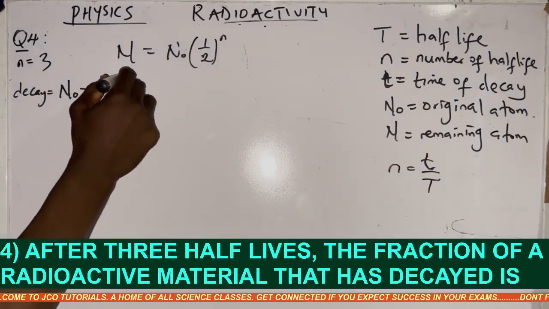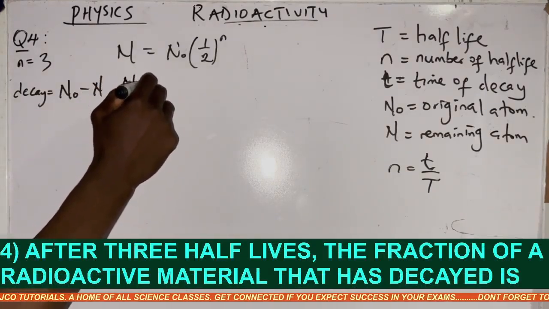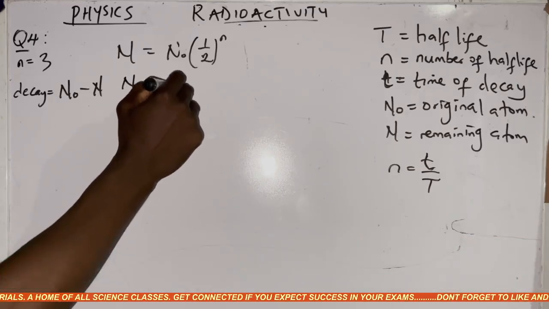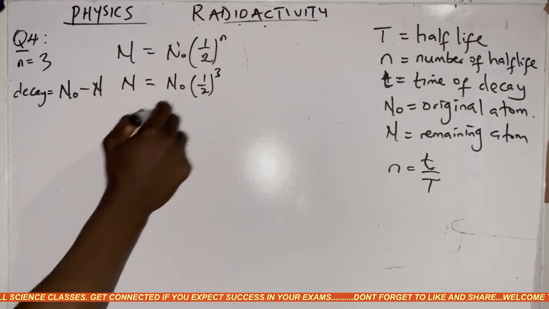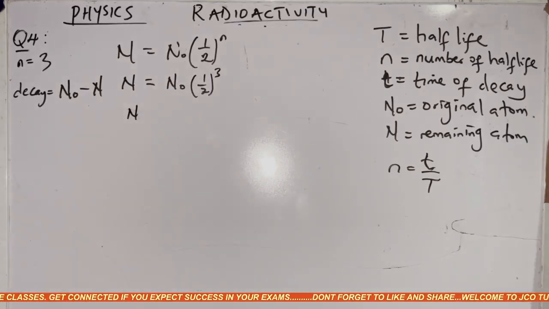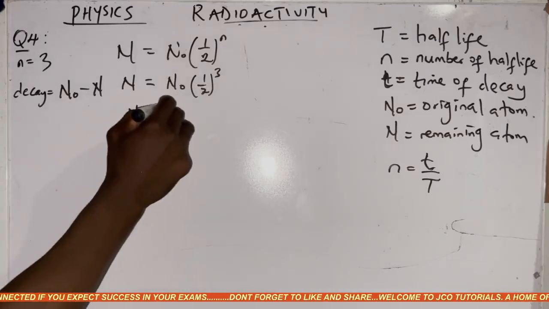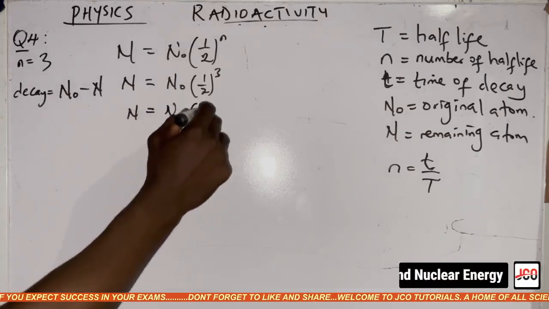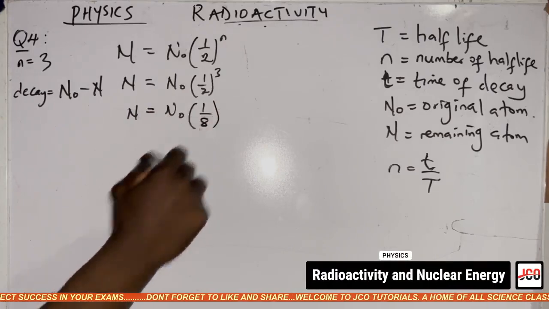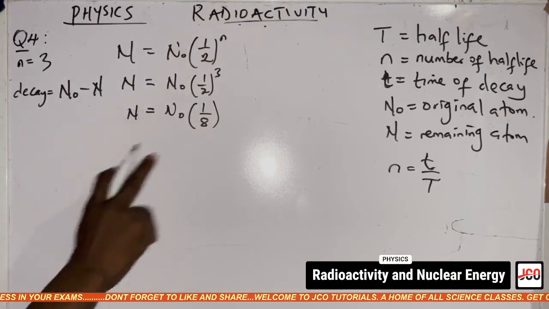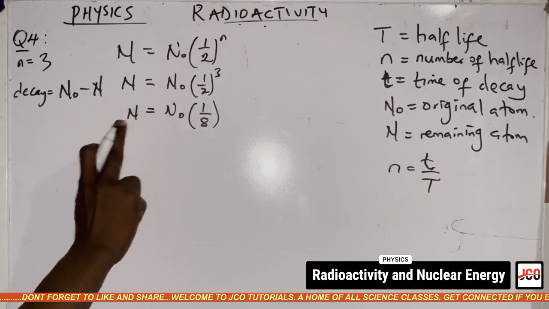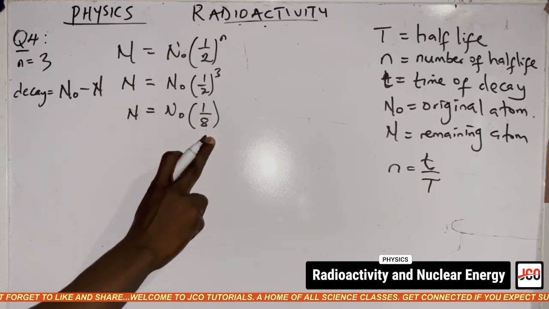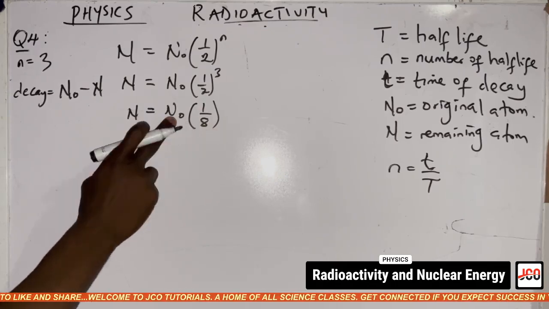So what remains here is the original 1 over 2 raised to power 3. 1 over 2 raised to power 3 is 1 over 8. Now what fraction of the original remains? 1 over 8 remains. That's the fraction that remains.